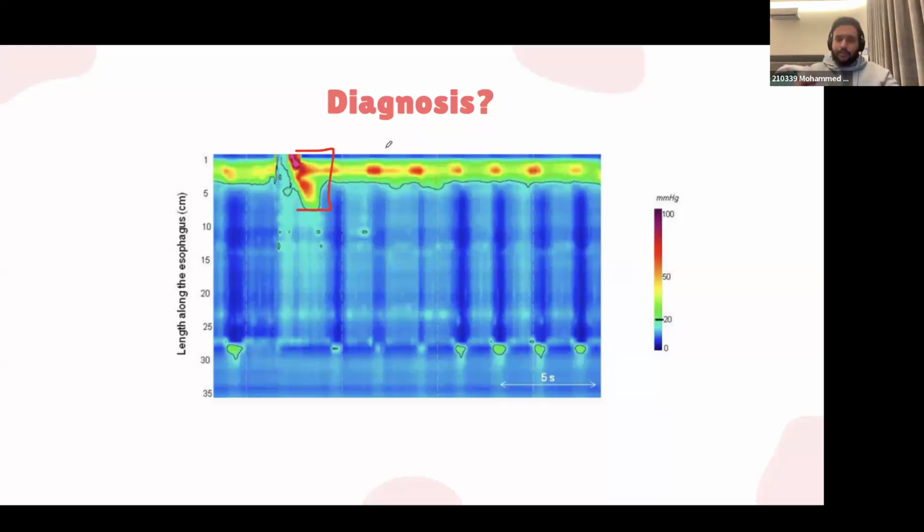If you remember from MSI, you have CREST syndrome, which is limited scleroderma. You have calcinosis, Raynaud's phenomenon, esophageal dysmotility, which is what's happening here, sclerodactyly, and telangiectasias. Typically the patient will have these findings alongside the esophageal dysmotility and dysphagia. We do a manometry, and this is the finding you'll see: absent peristalsis.